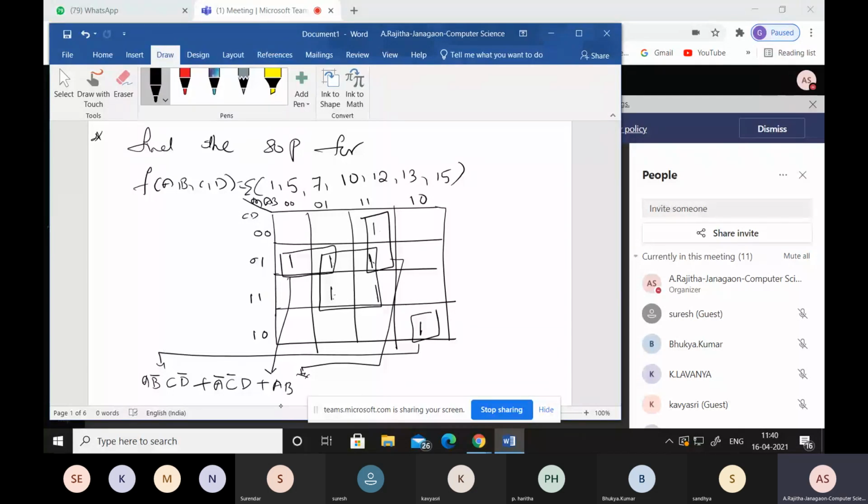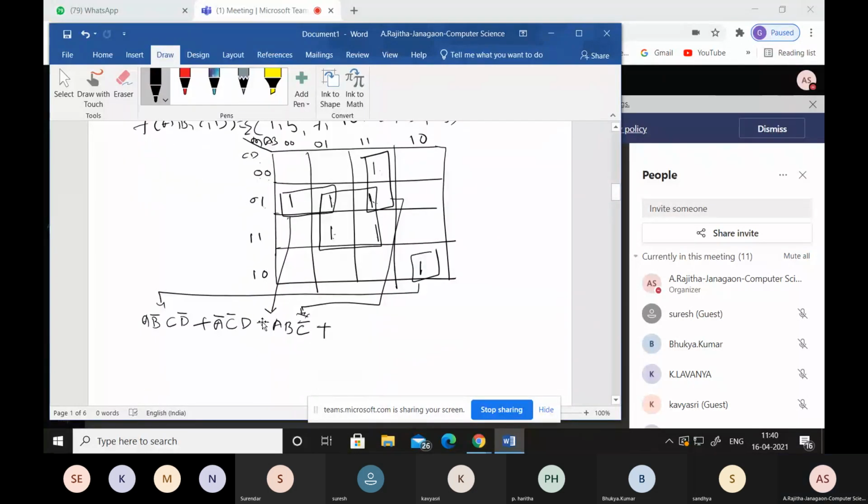So whenever this vertical is present, from the row variables, first identify the common one. Here CD is there. 0, 0 and 0, 1. So C variable is common from both of these two terms. D variable is different, so leave that one. Now it is completed. Now last one.